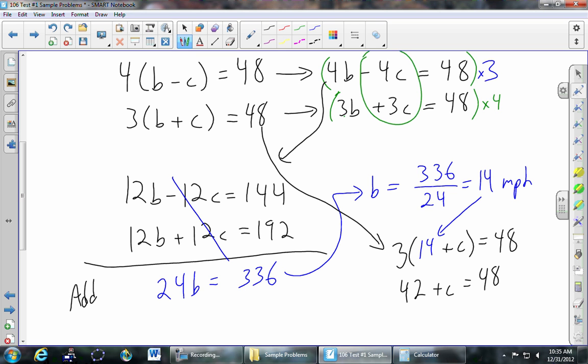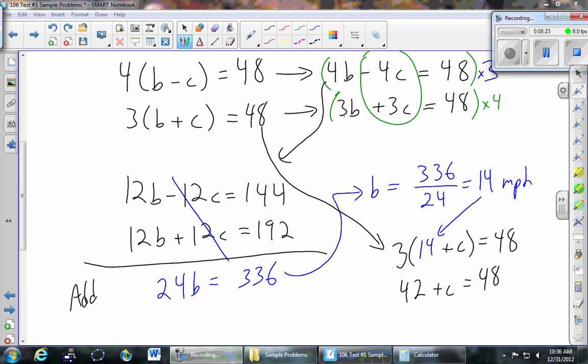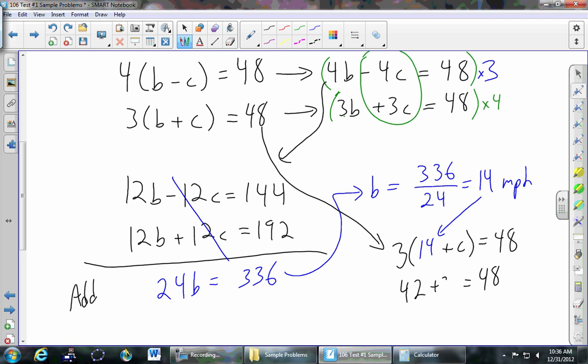Something is funny. The funny thing is that I didn't distribute the 3. Plus 3c. Okay, and then we'll subtract the 42 from both sides. And then finally divide by 3, and we get c is 2 miles an hour, which is the speed of the current in still water.